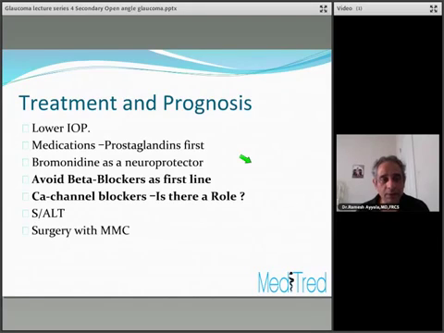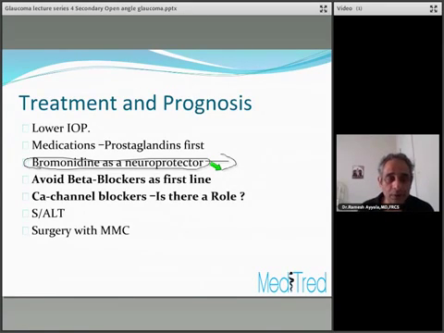Brimonidine as a neuroprotector is based on animal model studies, just so you're aware of it. But when in doubt, to give the benefit of the doubt, I do start these patients on it based on this particular study. If prostaglandin alone is not doing the trick, I do not hesitate starting these patients on brimonidine.